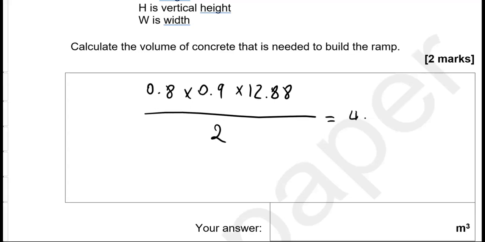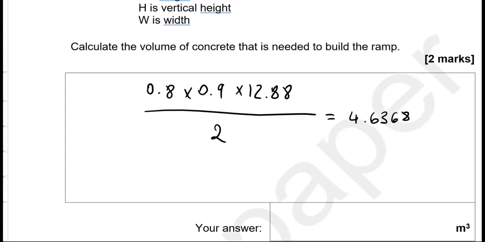Which gives us 4.6368, and we can write this as it is or round it to maybe 2 decimal places, so 4.64 I would write.